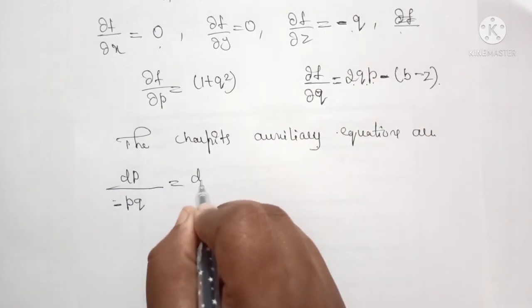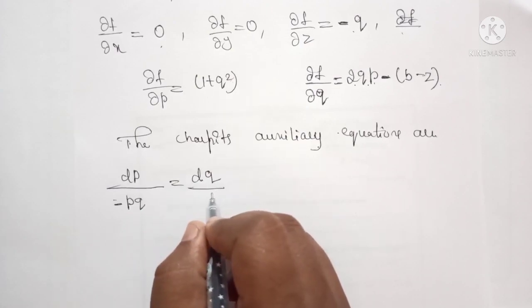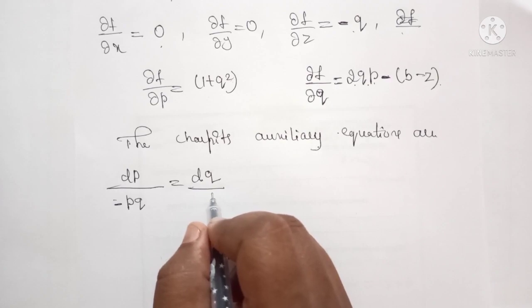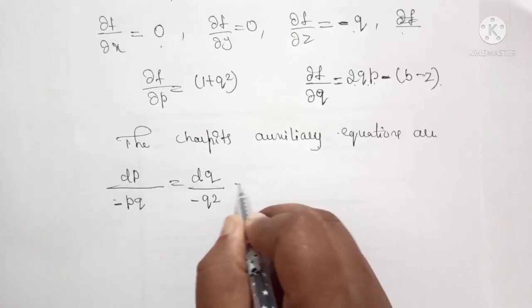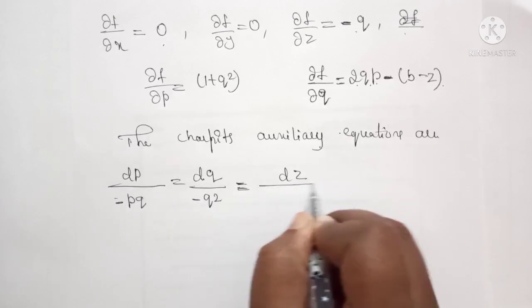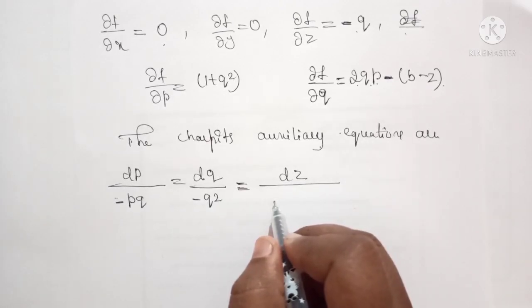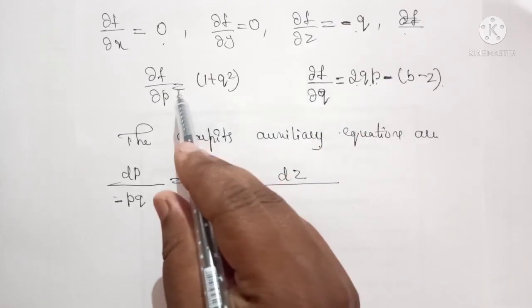So similarly dq divided by dou f by dou y, again it is 0, plus q into dou f by dou z, that is minus q square, equals to dz divided by, substituting the values, p into dou f by dou p. Dou f by dou p is this one.